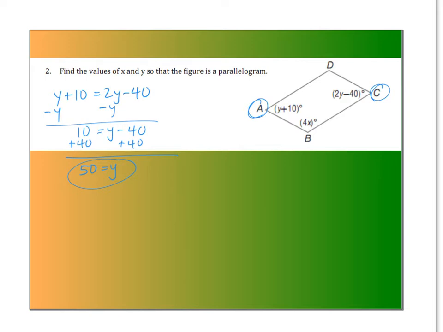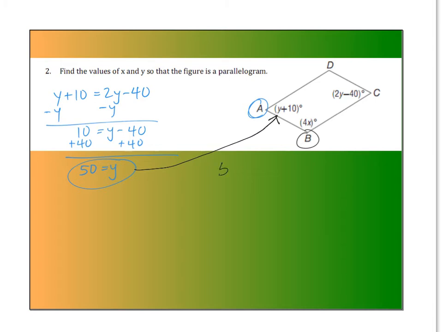Now we have to find x. The reason I didn't start with x is because there's nothing at D, and so I couldn't really set opposite angles equal. Instead, I'm going to use A and B. Those are consecutive angles, so they should add up to something. They're not equal to each other, but they do add up to 180. So I'm going to use the y. We have y equals 50. Plug that in.